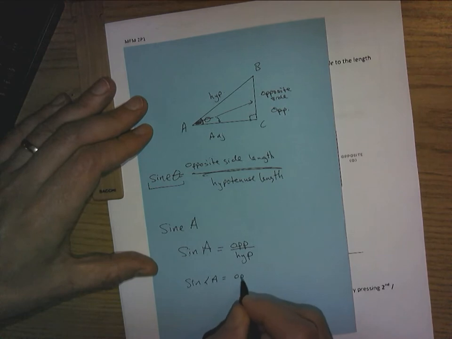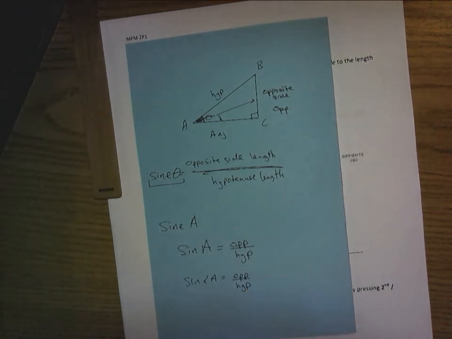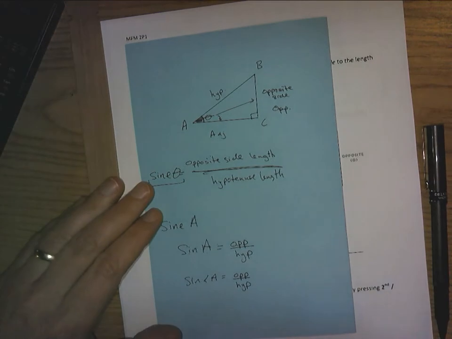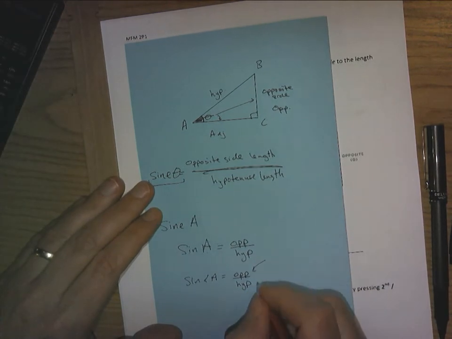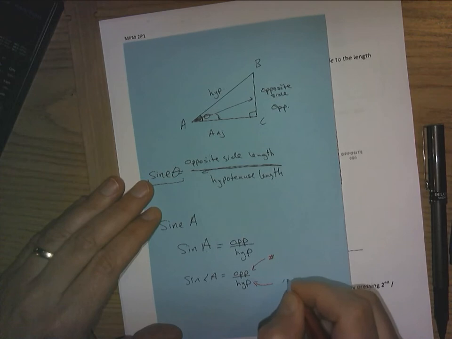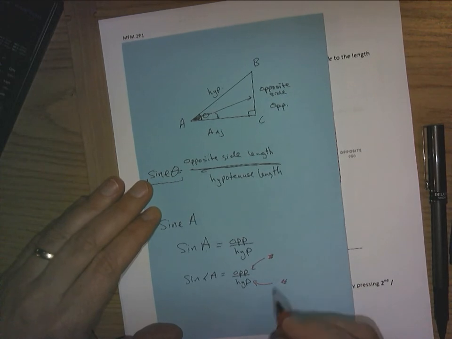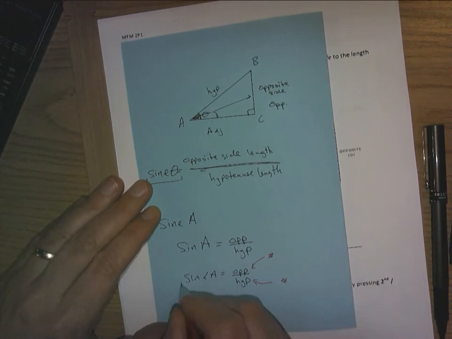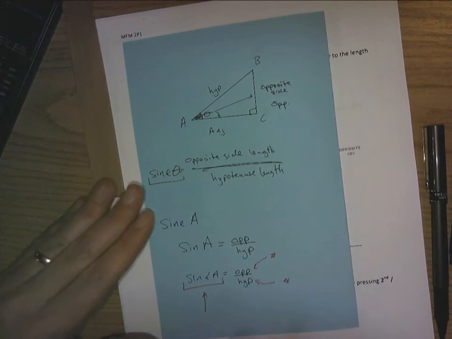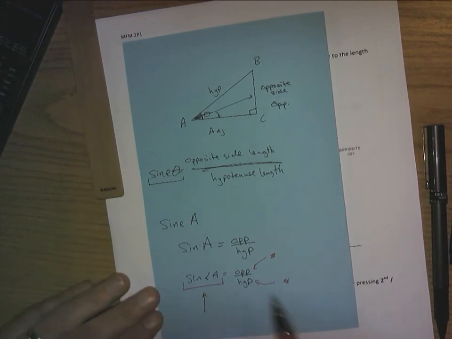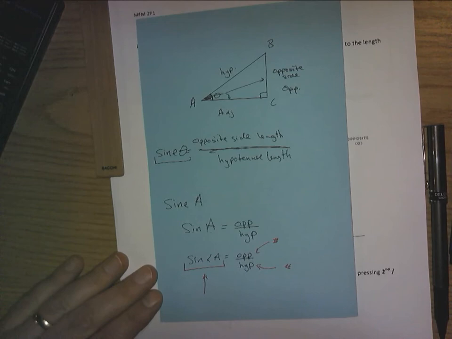And again, it would be opposite side length over hypotenuse side length. So we're going to get a numerical value up here and a numerical value down here, a number and a number. They're going to divide, and they're going to give me a decimal number. And it's going to mean something to us. It's going to represent that angle A in a very real fashion.